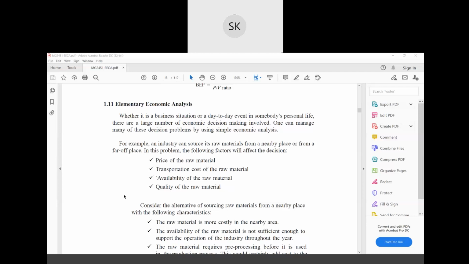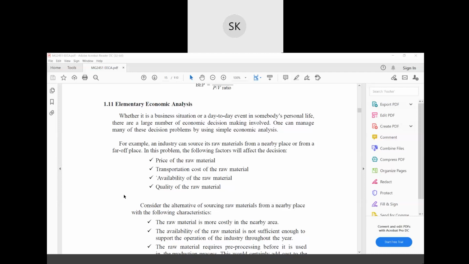Here is an example. An industry can source its raw materials from a nearby place or from a far off place. You have an option to take the raw materials from nearby or far off, but you have to analyze which one costs less. Plus, you have to see factors like quality and cost.